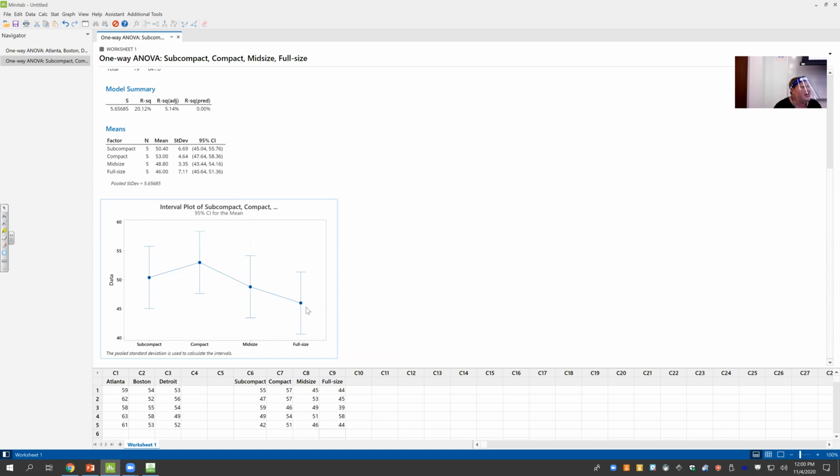But remember, we're looking at whether they're statistically significant. So statistically, these all appear to be approximately the same. If you look here at the means, if you were to round each one to the nearest tens, you'd get 50 for each one of them. So that helps me get the idea that they're the same.